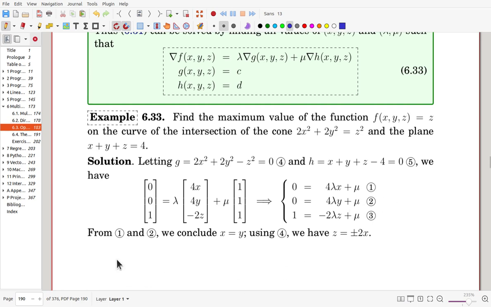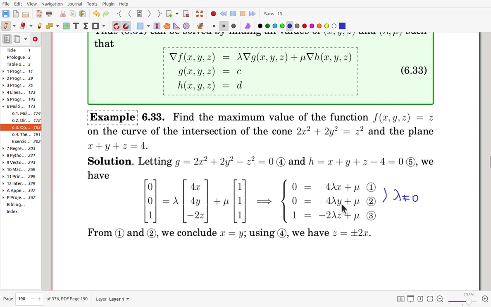Now, the hint is saying that from 1 and 2, we can conclude x equals y. In order to do that, we have to show that lambda is non-zero. For this portion, if lambda is 0, then this vector must be the same as mu times the vector of all ones. It's impossible, so lambda cannot be 0.